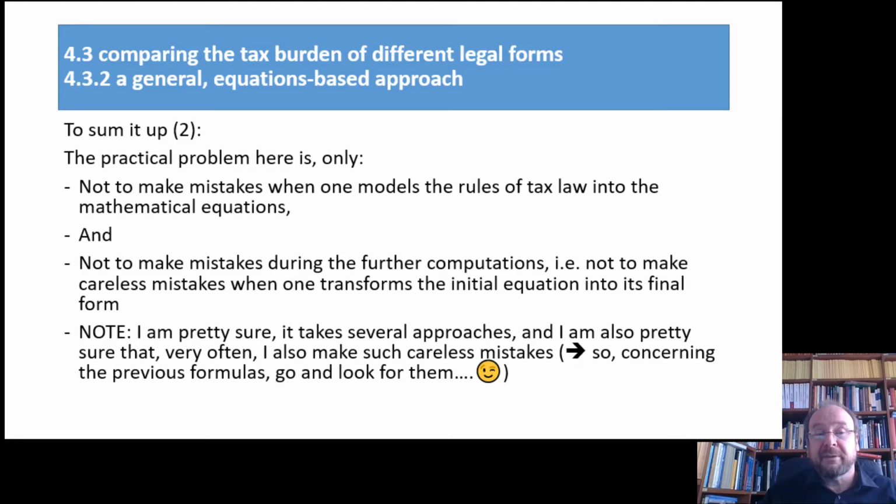Enjoy. That's it, over for today. Try to understand the basic approach and try to develop some imagination how you could apply kind of approaches like this one to situations or questions where you personally want to find out something about economic consequences of tax law.